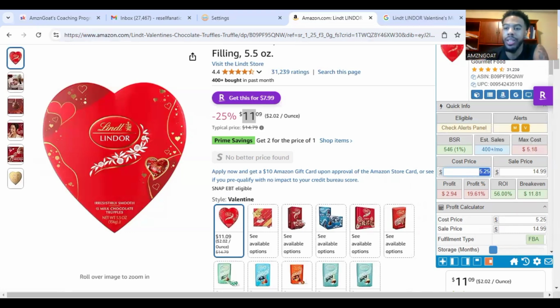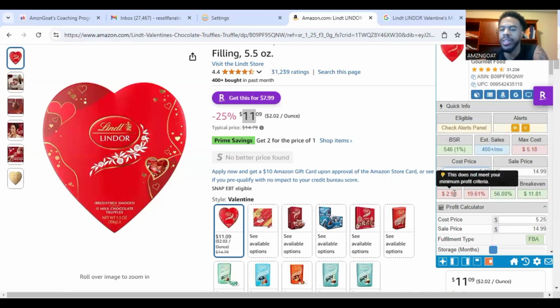Just because you see this max cost is 5.18 doesn't necessarily mean that if I don't find this product for 5.18 or less, then I'm moving on to the next product. Because 5.25 is 7 cents higher than this max cost. So you have to look at the numbers to really see whether it's a good product to sell or not.